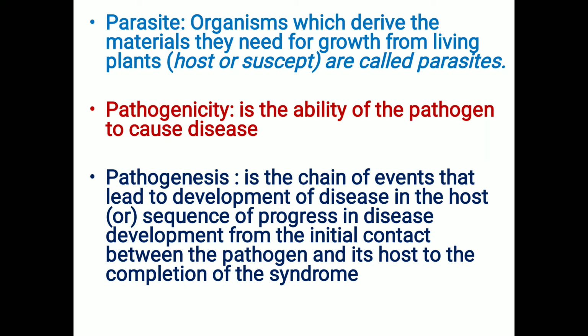For example, suppose the plant is infected by any pathogen. Different steps occur in a particular manner. For example, the deposition of the spore on leaves, then germination of the spores on leaves, then penetration or entry of the pathogen inside the leaves, then multiplication of the pathogen inside the host, and last, the development of symptoms on the host.